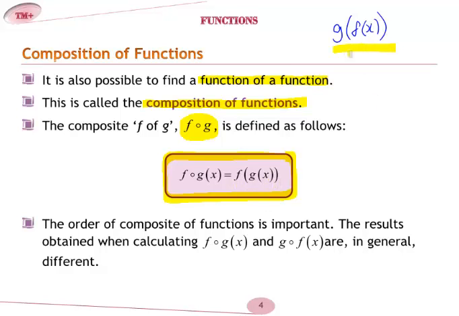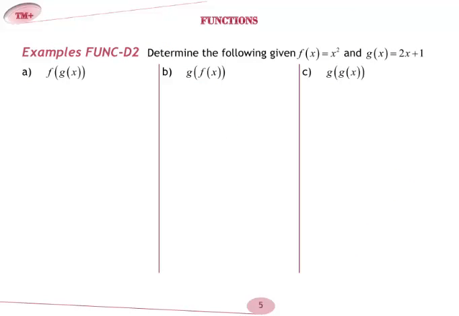Very similar to the one we did previously. The order of composite of functions is important, so don't get this mixed up. It's f of g of x, not g of f of x. That is not the same as g of f of x. They're different.